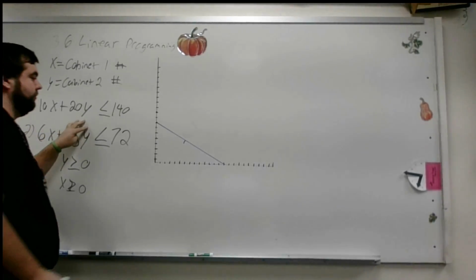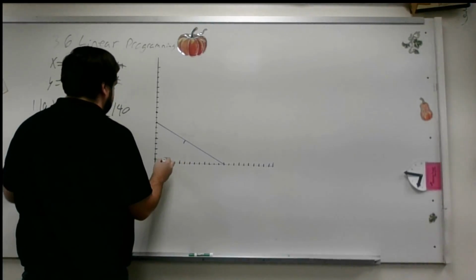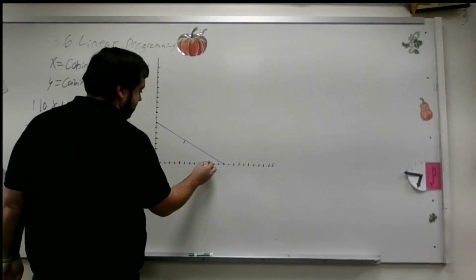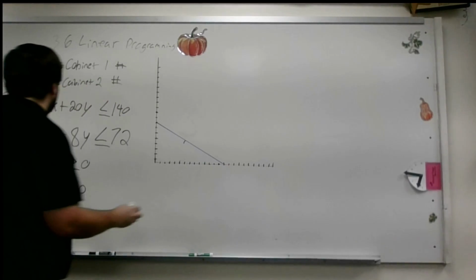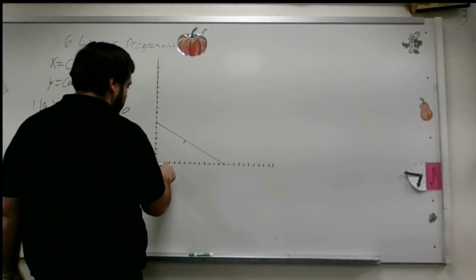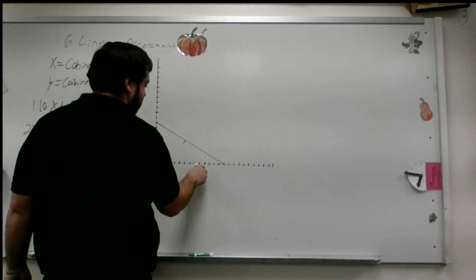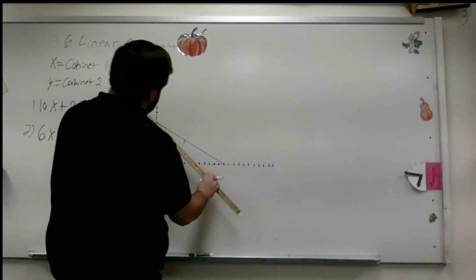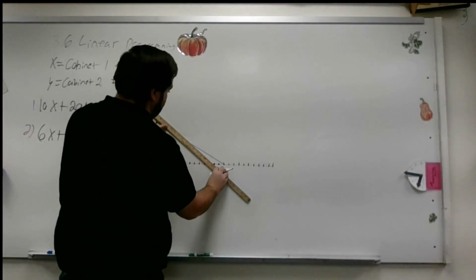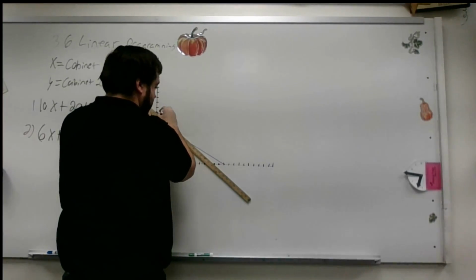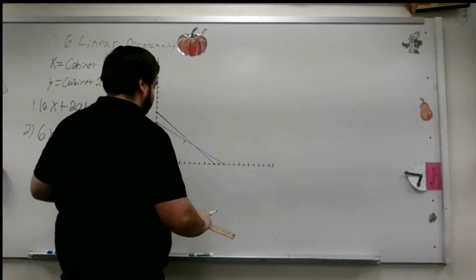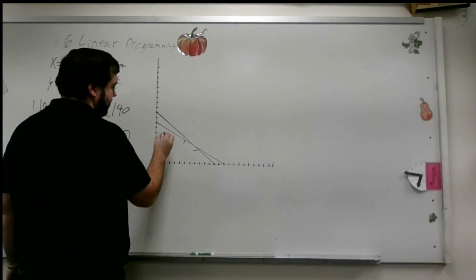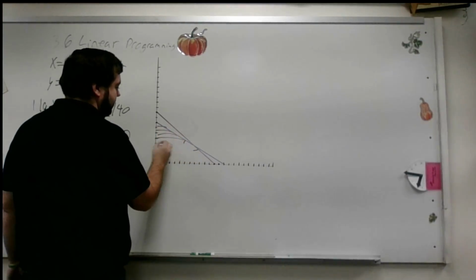That's going to be what? 12. Is that true? Right. And then connect those lines. Once again, it says less than, so I'm shading below. This area here, my feasible region.